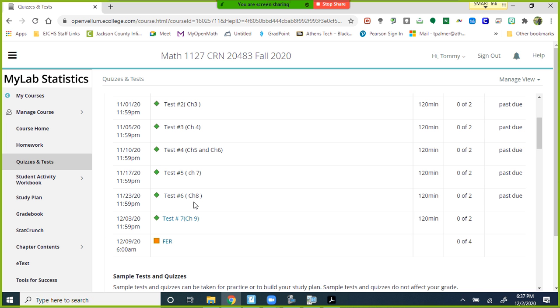So if you took it twice already, or you're one of the 25% that took it, if you took it once and you go and take it again and you scored higher, but you want to take it again to try to score another time, then let me know and I can delete your lowest attempt, so you can have those 2 tries just like everybody else.